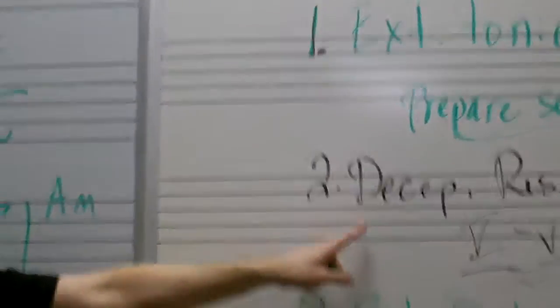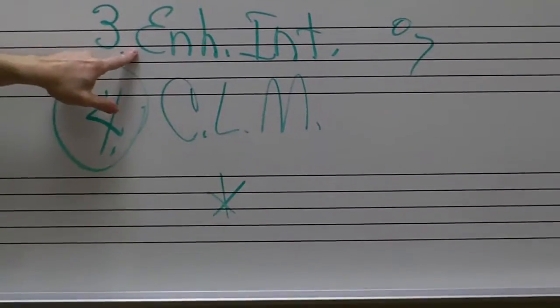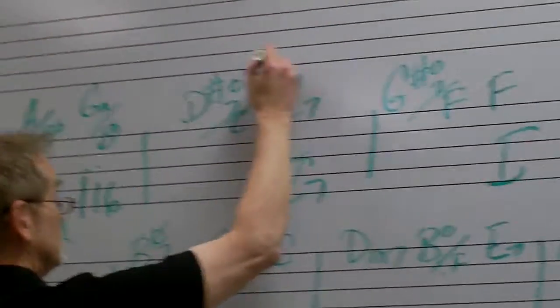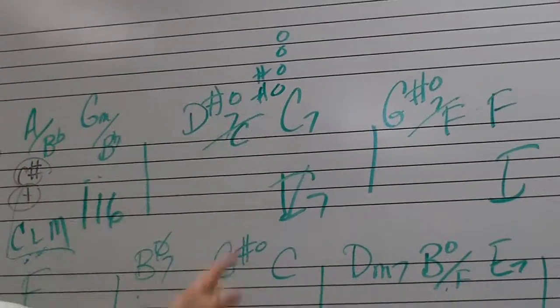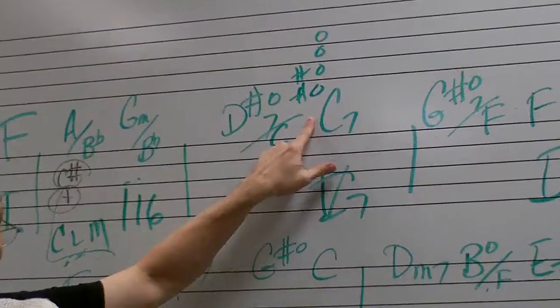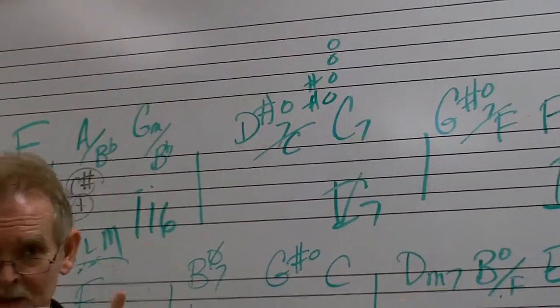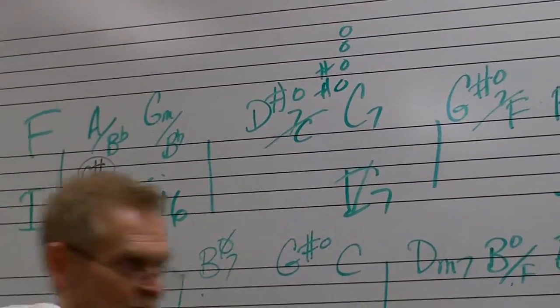No. Can it be deceptive resolution? No. It's not a dominant chord. Could it be enharmonic interpretation? Well, I'm not sure yet. How do I spell D sharp fully diminished 7? It's D sharp, F sharp, A, C. Are any of those notes a half step down from C, so it can resolve up a half step to C? Nope. So it doesn't fit this.